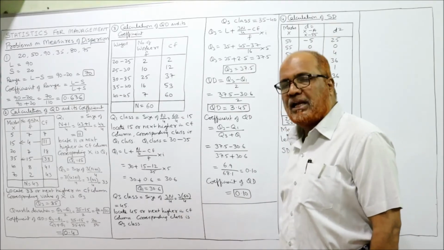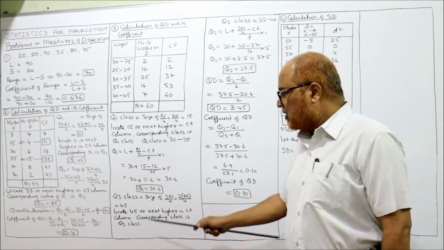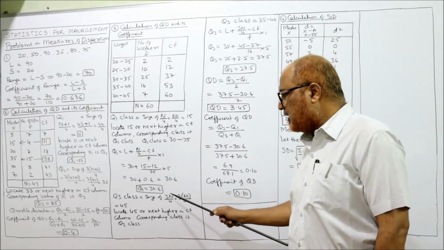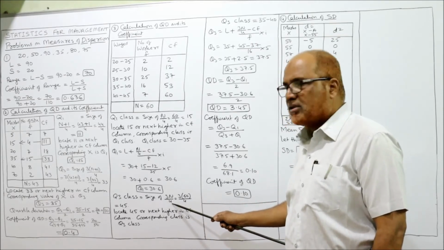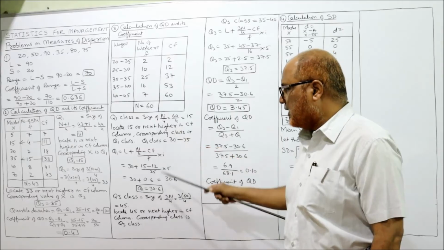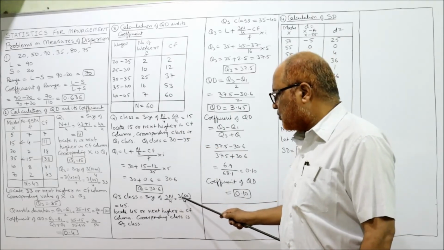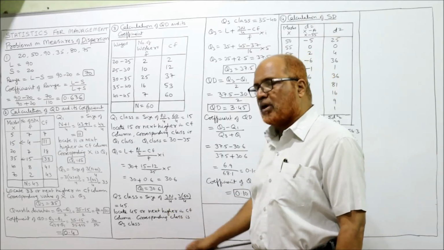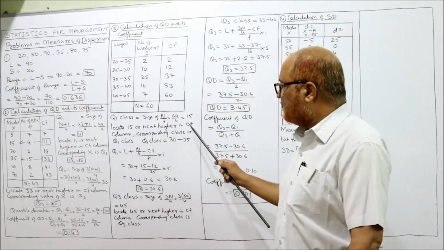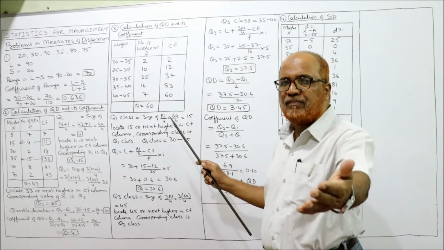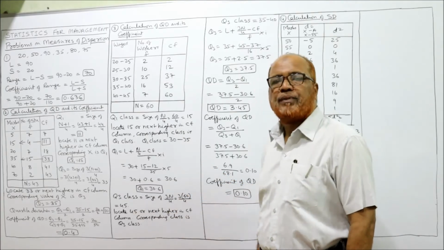Now we need Q3 class. Q3 class is equal to size of 3n by 4. Here only n by 4, here 3n by 4. Simply you have to multiply with 3. So 3 into 60 by 4 comes to 45. Or in other words, multiply 15 into 3, you will get 45.